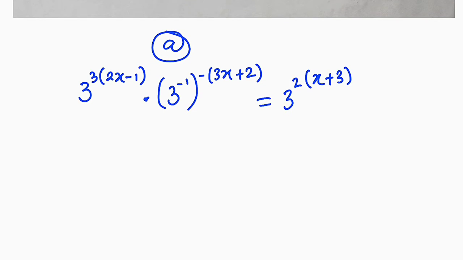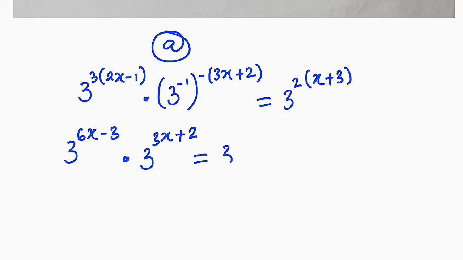From here we can expand this. We have 3 to the power of 3 times 2, which is 6x, minus 3 times 1, which is 3. Then multiplied by, you see this negative 1 times this negative will give us what? Positive. So this is just 3 to the power of 3x plus 2.